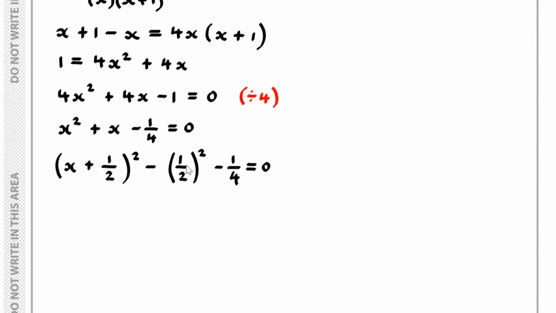So I've got minus a quarter minus another quarter, that's minus 1/2, so I've got x plus 1/2 squared subtract 1/2 equals 0.